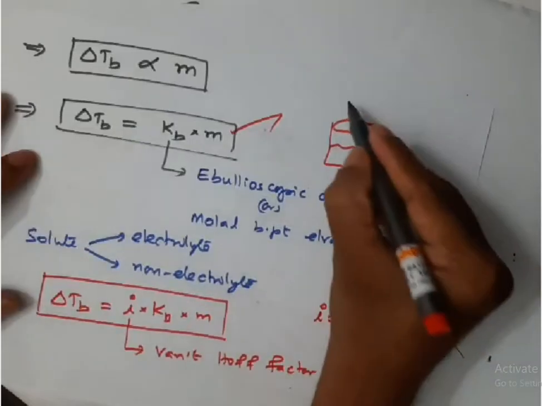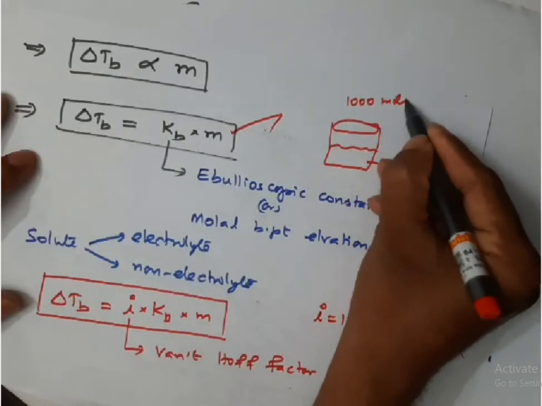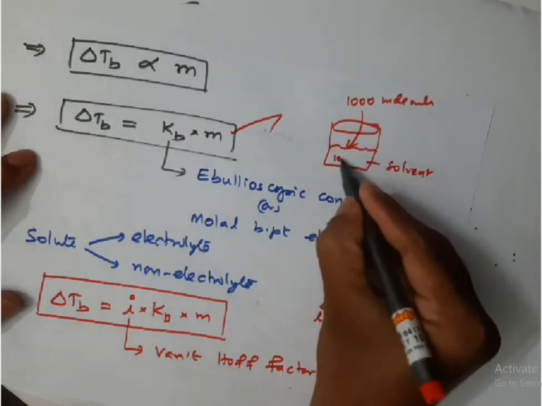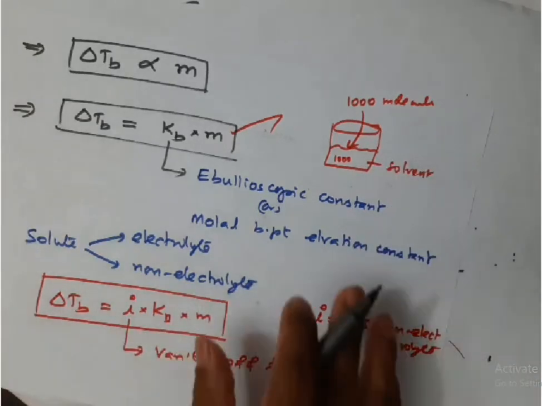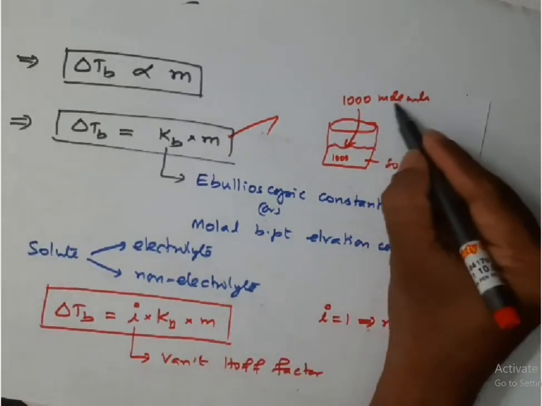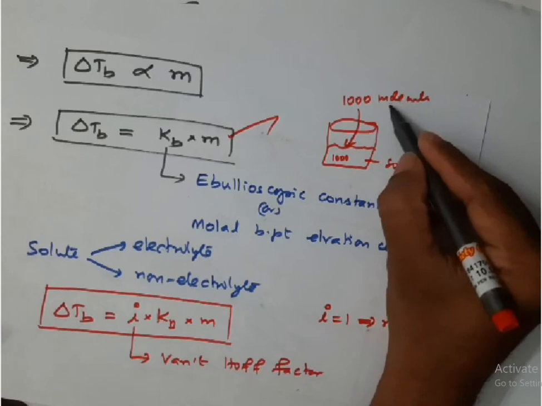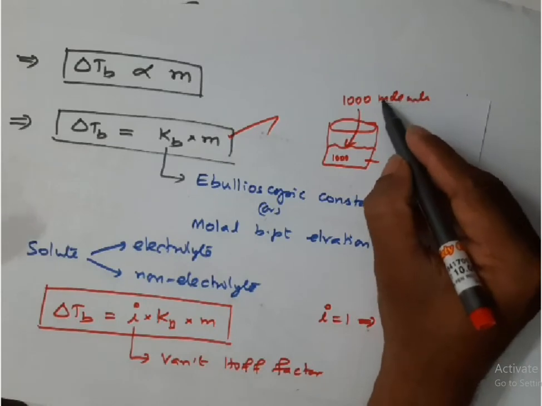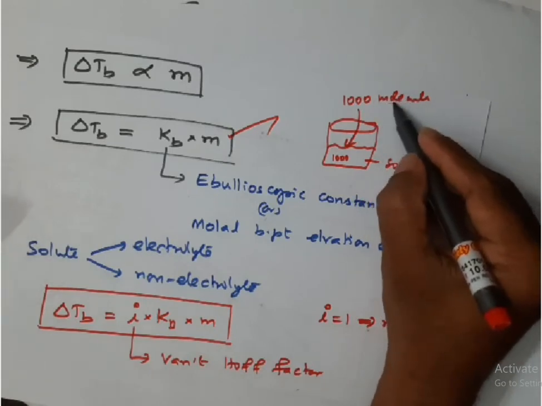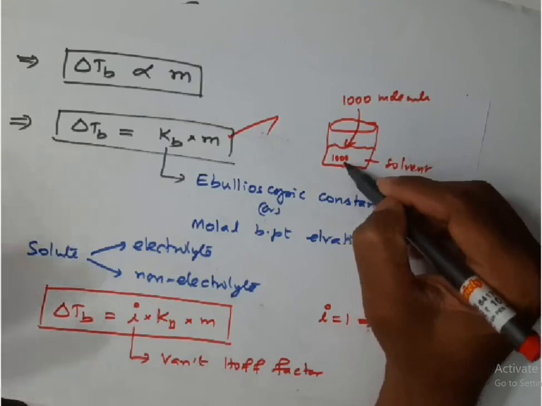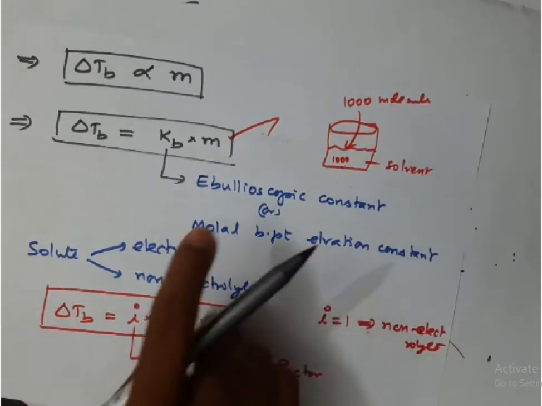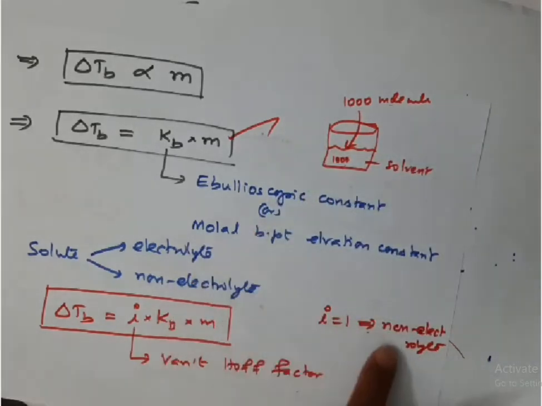Now, if I add, for example, 1000 molecules of solute, and I get only 1000 particles, let us assume it as a particle. I am adding 1000 particles of solute. If I get the same 1000 particles in water, we call that solute a non-electrolyte.